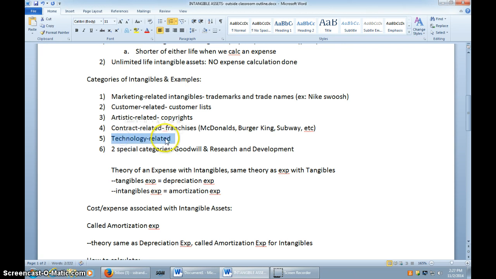Anyway, another type of intangible asset category is technology related, and an example of that would be a patent. Companies file for patents. They have patent protection.